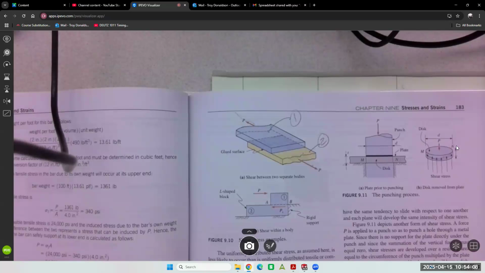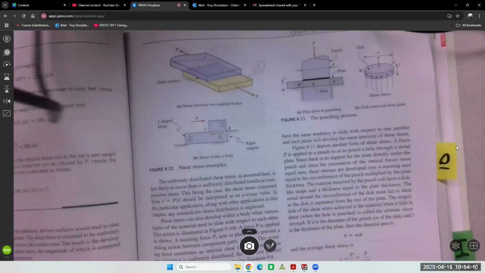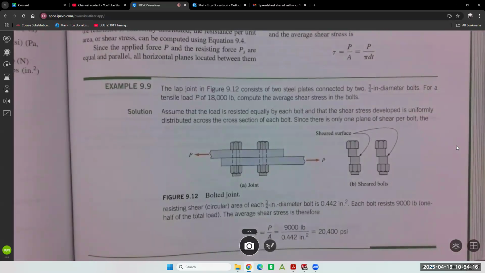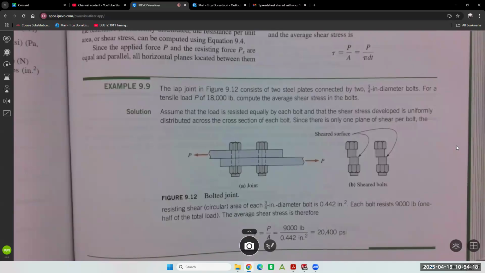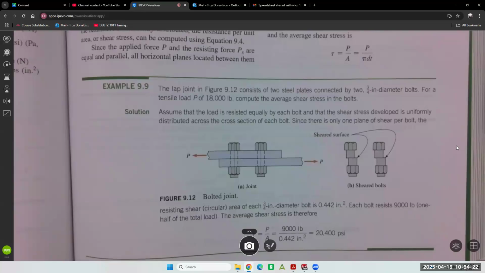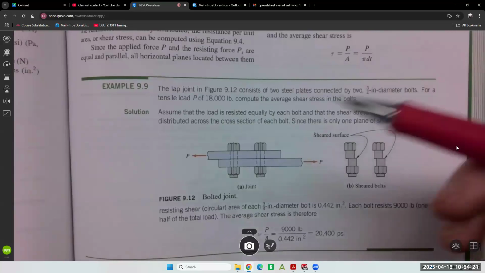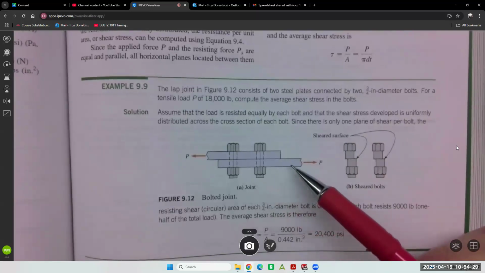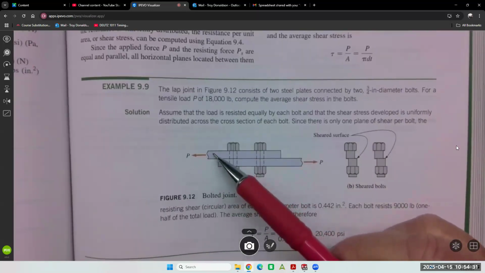All right. Here's another example of it. Shear stress. So it's the same formula. You got to calculate P over area. So we don't need to practice a formula. You've been doing that. We just need to practice like, oh, in our head, what is it? So here's a system that's bolted together. And again, we're going to pull on this and we're going to pull on this.